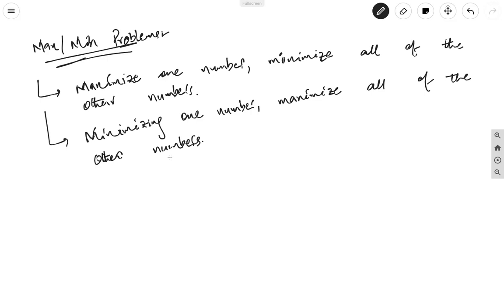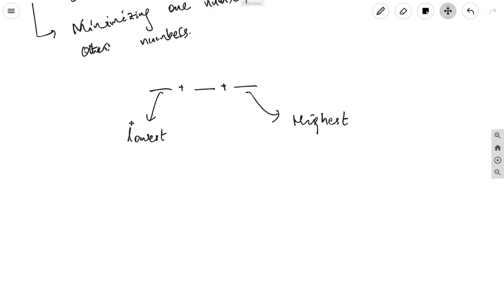For example, if I give you a case where we have three numbers, this will be the lowest number and this will be the highest number. The question could be asked regarding this concept in four ways.